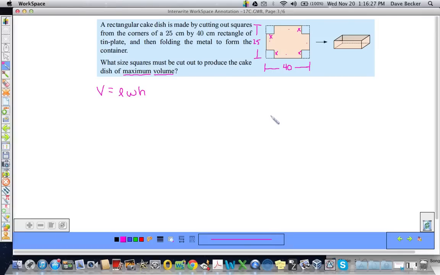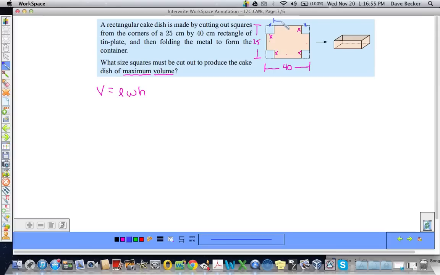Okay. So let's think about this now. If from here to here is 40 centimeters, then from here to here is 40 centimeters. And if this is x, this is most certainly x. And if this is x, this is most certainly x, because we have a rectangle, or these are squares, all the sides are equal.